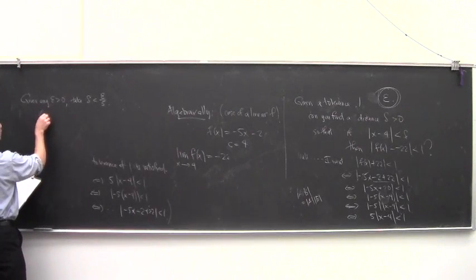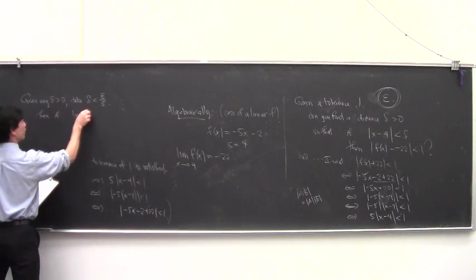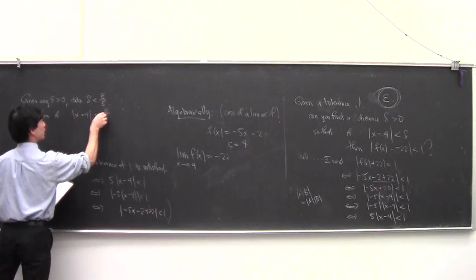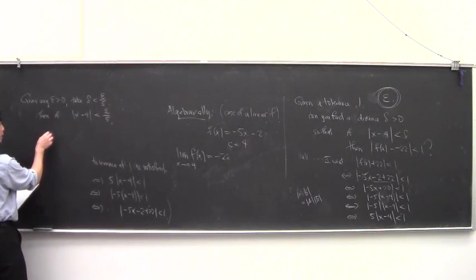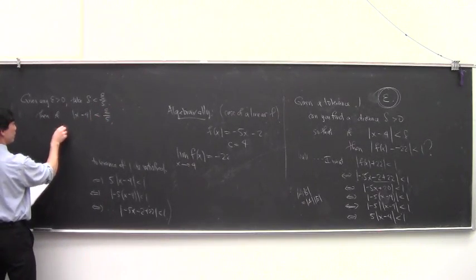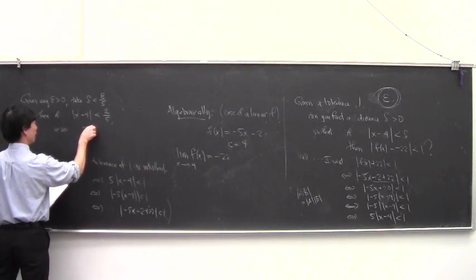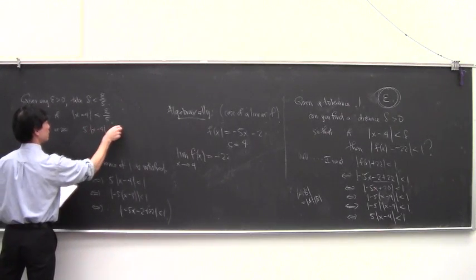Then, if the absolute value of x minus 4 is less than epsilon over 5, we see that, again, 5 times the absolute value of x minus 4 is less than epsilon.